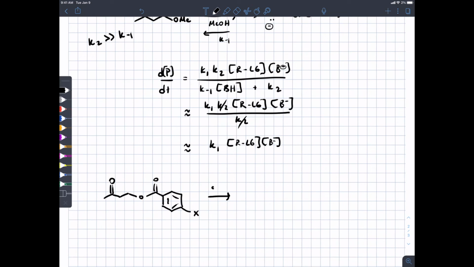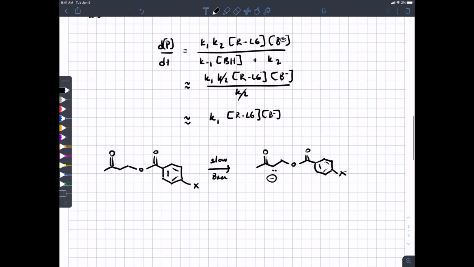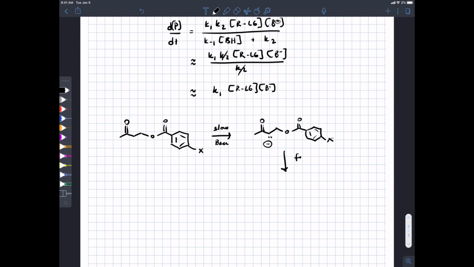If the first step is slow, to give you the enolate intermediate, and I'll just draw one of the resonance structures of the enolate. And then the second step, which is elimination, is fast, where your leaving group is this benzoic acid with the X group here.